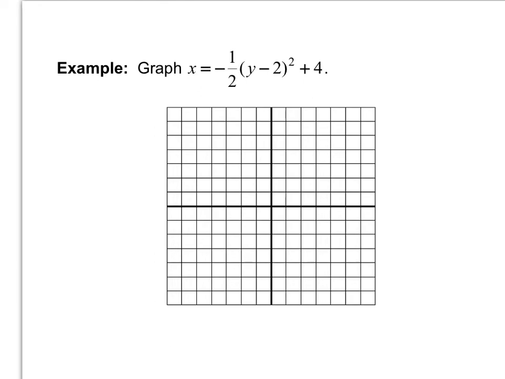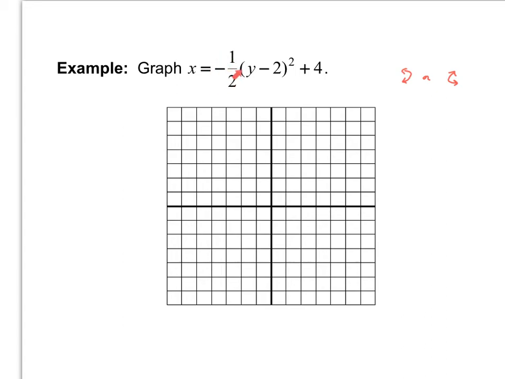Here's another parabola. This one starts with x, so I've got x equals y squared, and we know from before that when that happens, my parabola is either opening to the left or opening to the right. And which one is the case will depend on the sign here.